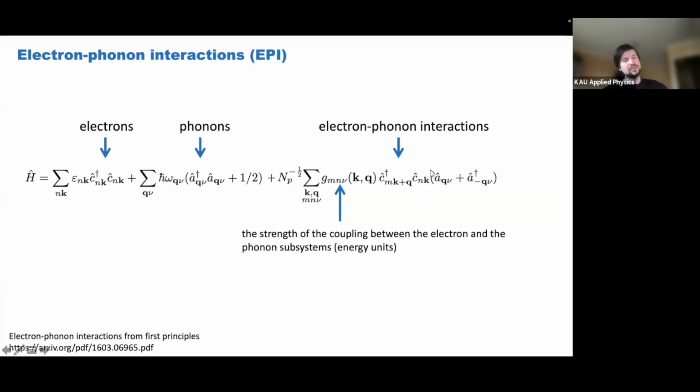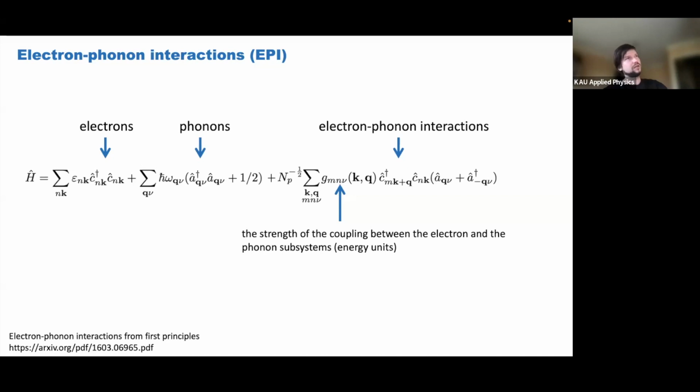And here we see that electrons should in some way interact with phonons, and we have this matrix. Our calculations today will be dedicated to the problem of how to calculate this matrix. This is the electron-phonon interaction matrix.